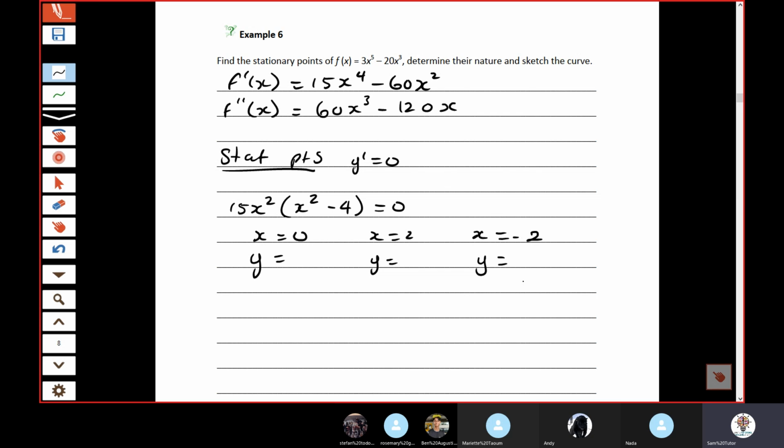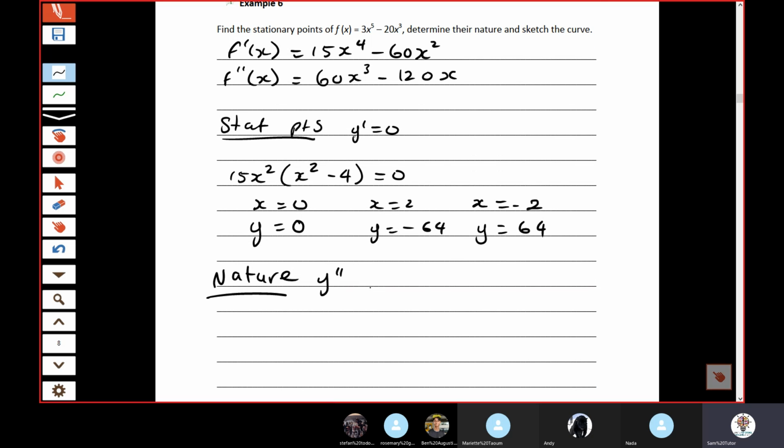Okay. What are the y values that we got? 0. Nature. What's my nature? Do you want to do both methods again, just to make sure? Y double dash method, we're happy with that? Let's do it. Nature, y double dash. Okay, here we go.